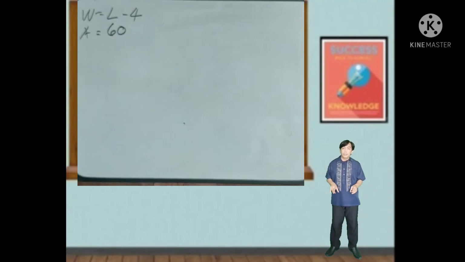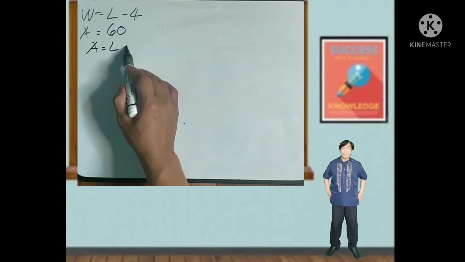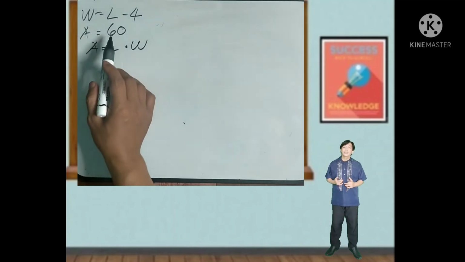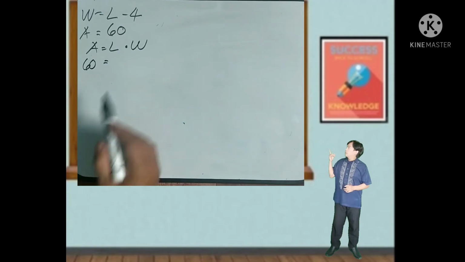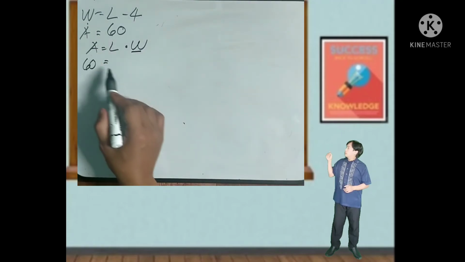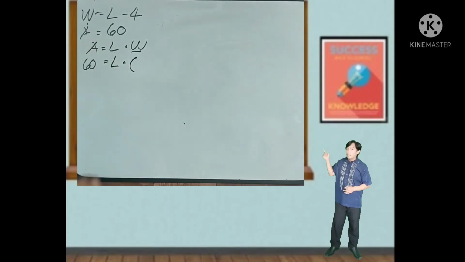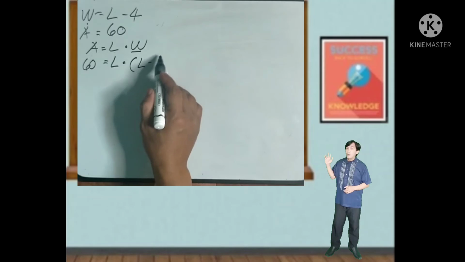So we now know the area, which is length times width. So let us try to substitute everything. So we have the area, which is 60. Okay, so this time the width, this is the width. So we will just copy the L times the quantity, the value of the width, which is L minus 4. Let us try to substitute.